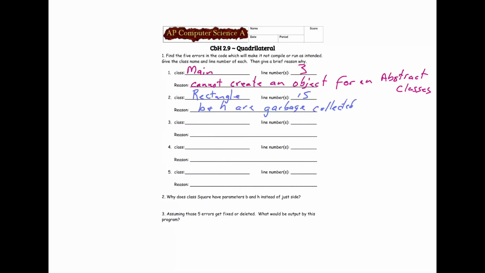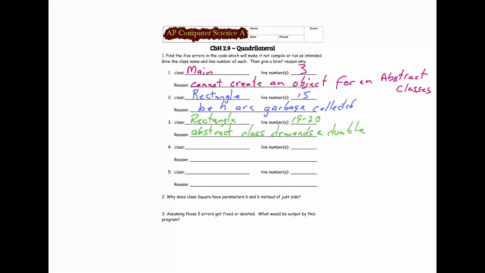All right, mistake number 3. This one is also going to be in the Rectangle class, and this is going to be lines 19 through 20. See if you can figure this one out. This does deal with the abstract class. Go ahead and pause the video.